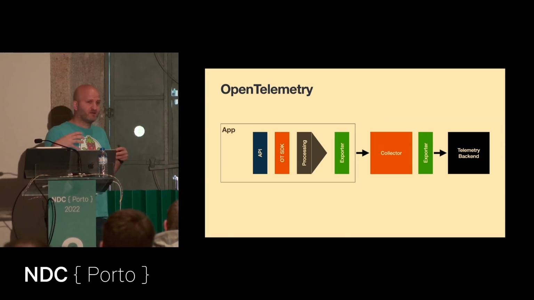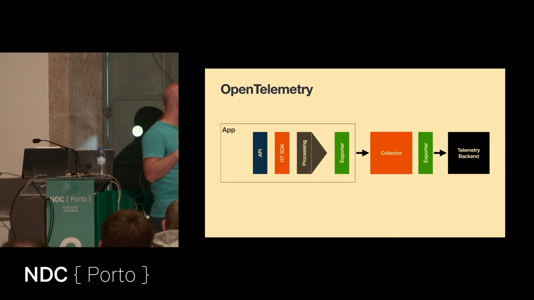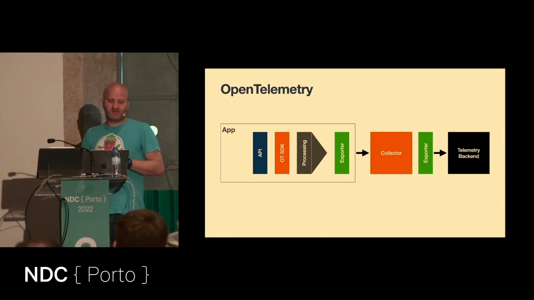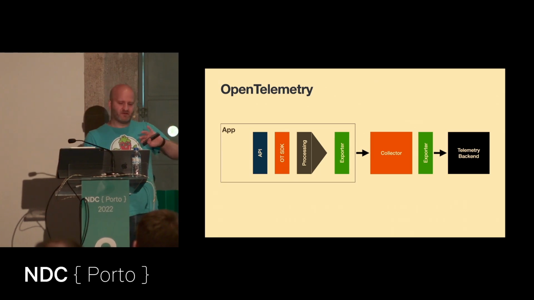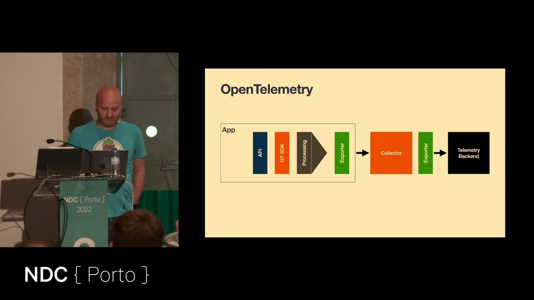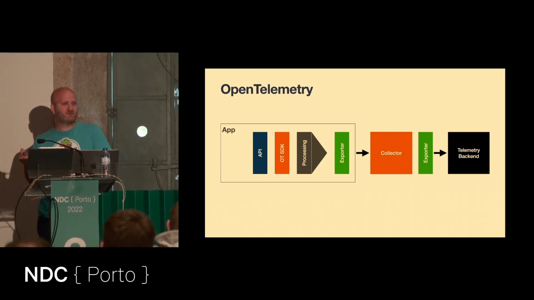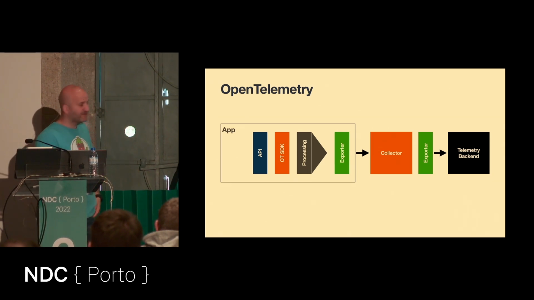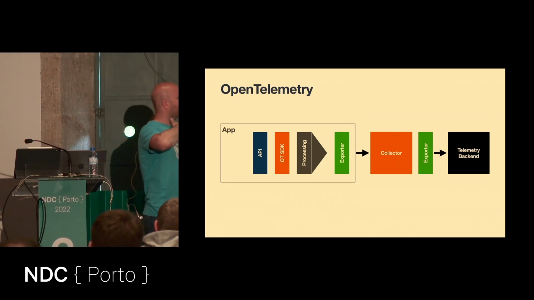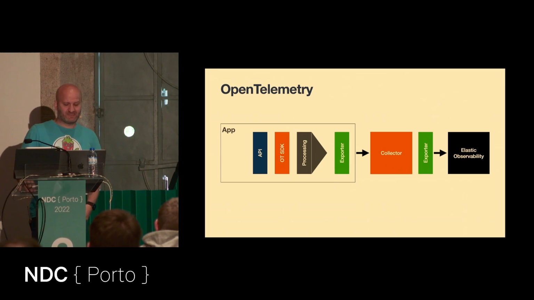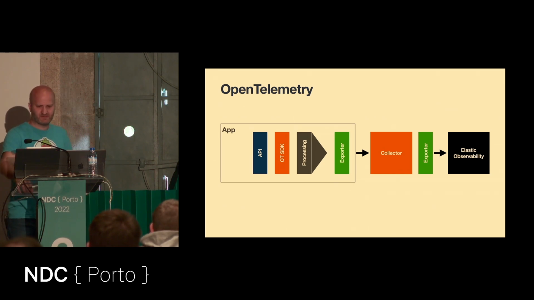So in a typical Kubernetes cluster, you might have 2 collectors or so, and you offload the processing to the collector instead of each of your applications. Then this collector also has an exporter, and can push the data to a telemetry backend. In our setup, we will use Elastic APM for observability.